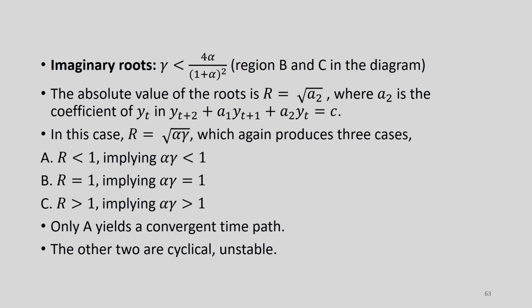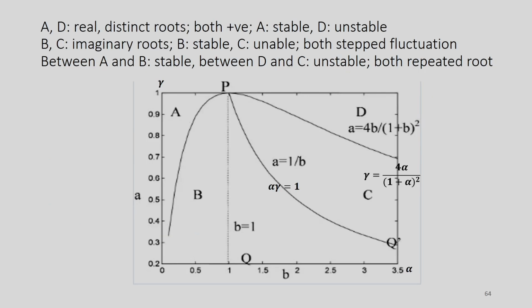The third case of this, gamma is less than 4 alpha divided by (1 plus alpha) whole square. So, this is the region B and C in the diagram. So, this B and this C, this region, this is the imaginary roots case.